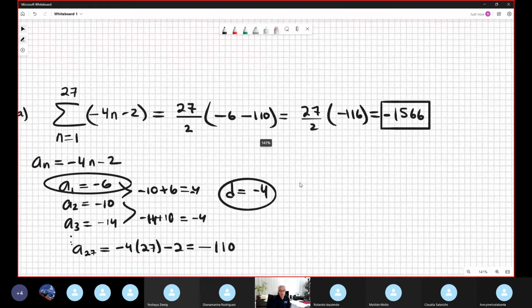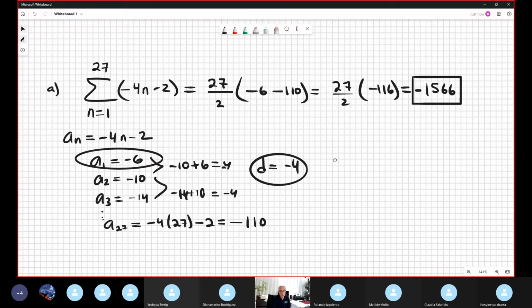I encourage you to verify. Okay, in my personal opinion, if you are able to identify that the sequence is an arithmetic sequence, it's easier to apply that formula.